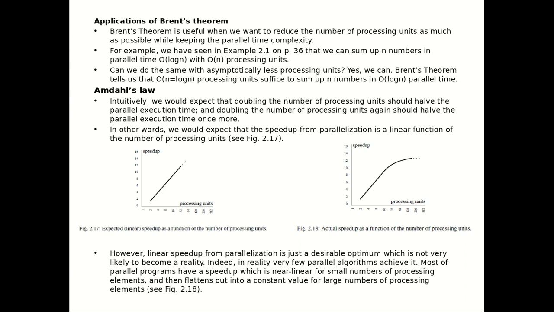Can we do the same with asymptotically fewer processing units? Yes, we can. Brent's theorem tells us that n divided by log n processing units suffice to sum up n numbers in log n parallel time. So whenever we want to calculate the time required by a reduced number of processing units, then we use Brent's theorem.